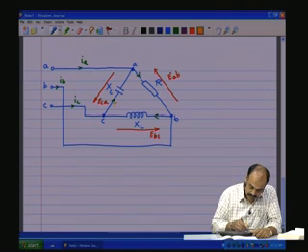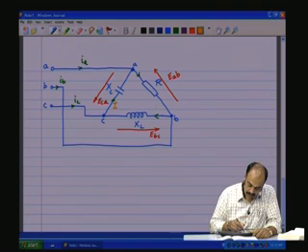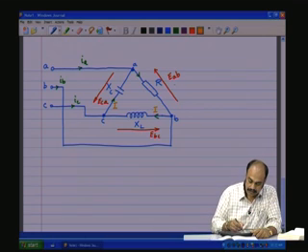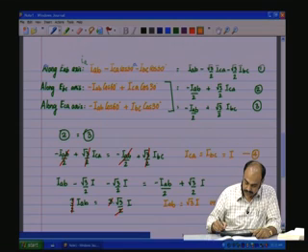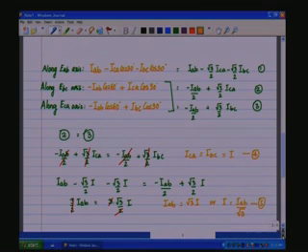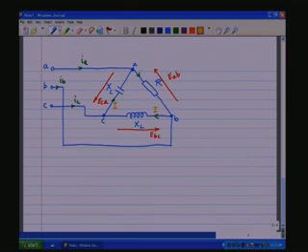So, here I is flowing, here also we are having I, and here we are having I_AB, which is root 3 times I. This is I_AB.